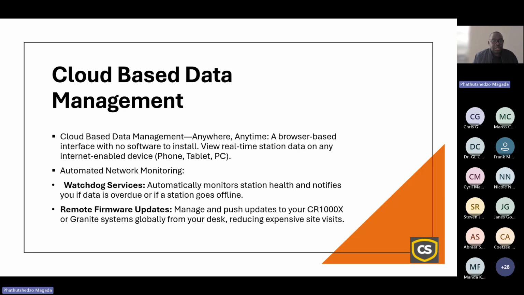So, cloud-based data management. You need to ensure that your data can be accessed anywhere, anytime on a browser-based interface without needing to install software. Ensure that your data is viewed in real time and can be accessed on the internet so that people that are remotely based are able to manage that data.